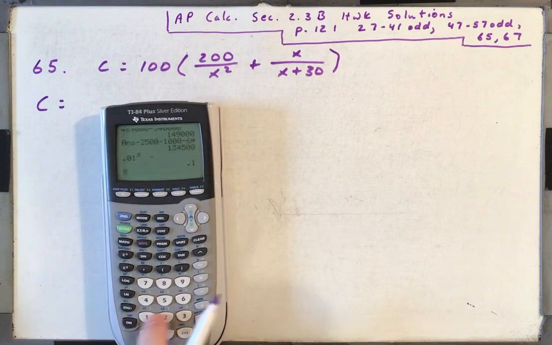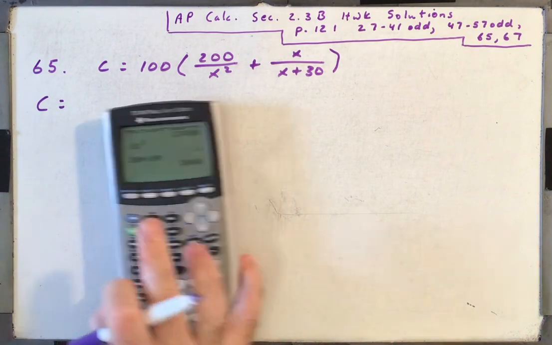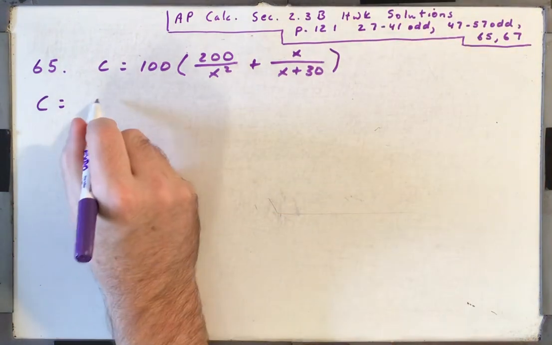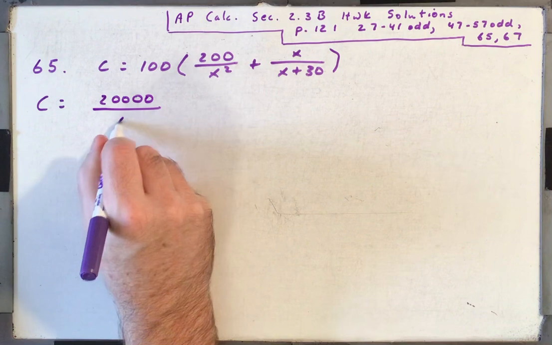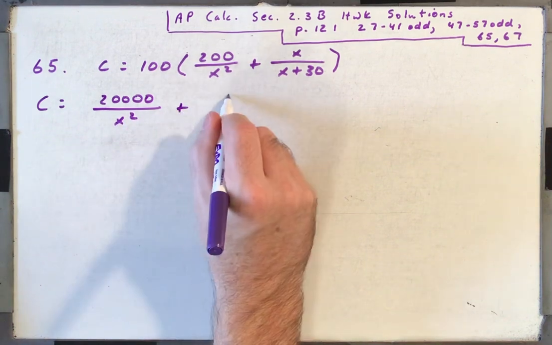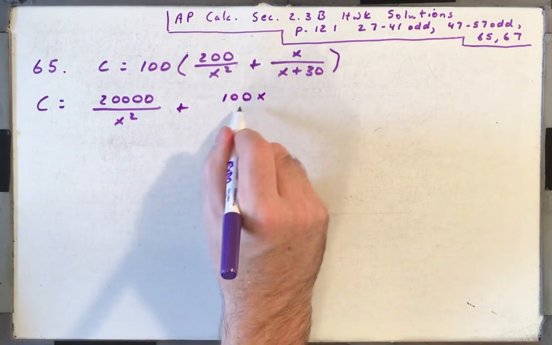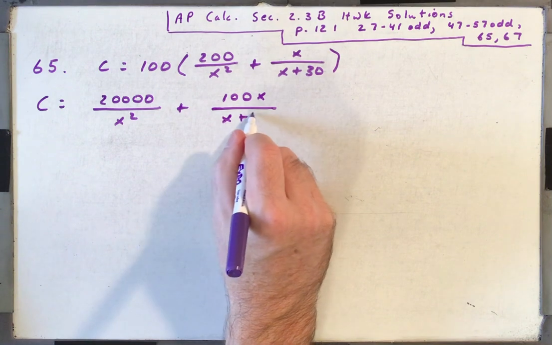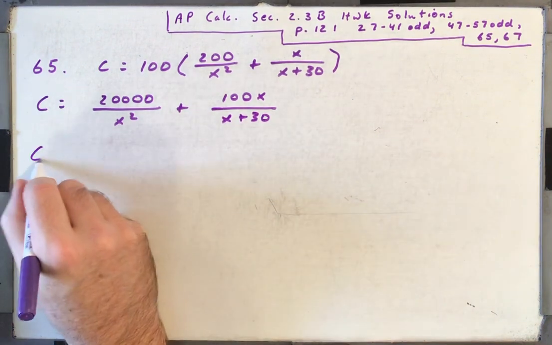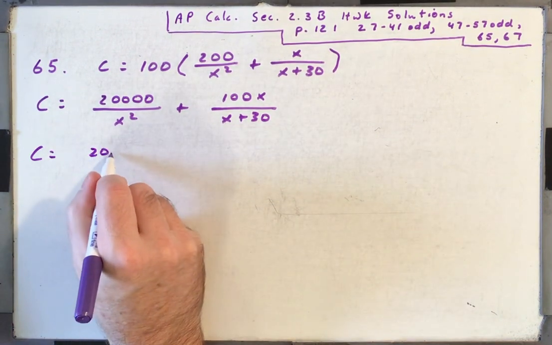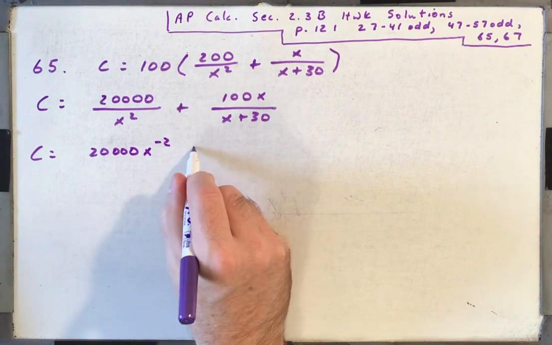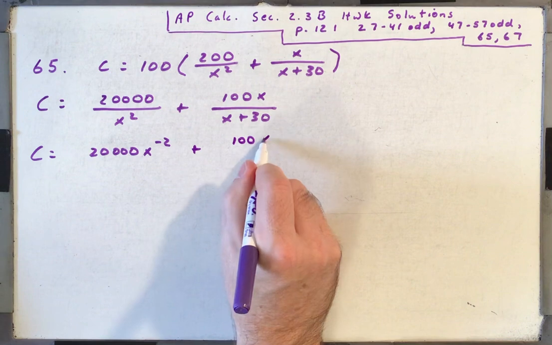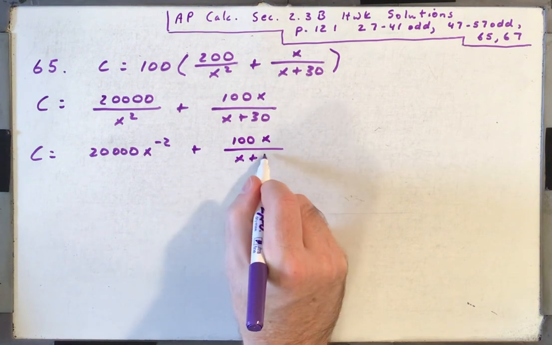Just to make sure. Yeah, 20,000. So we have 20,000 over x squared plus 100x over x plus 30. So that's going to be 20,000 x to the minus 2 plus 100x over x plus 30.